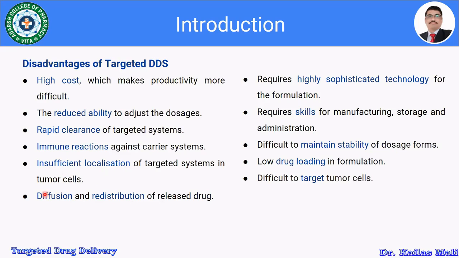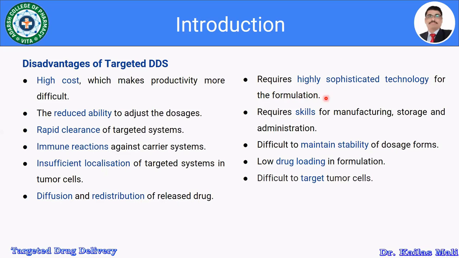Also, furthermore, there is diffusion and redistribution of released drug. If the released drug is redistributed into the systemic circulation, it is not going to be targeted well. It requires highly sophisticated technology for the formulation.